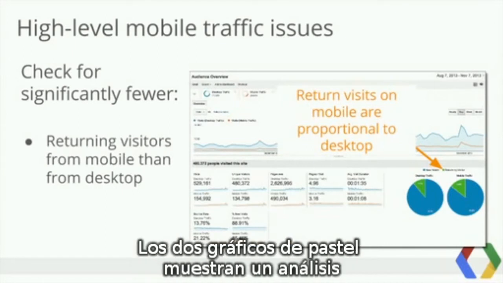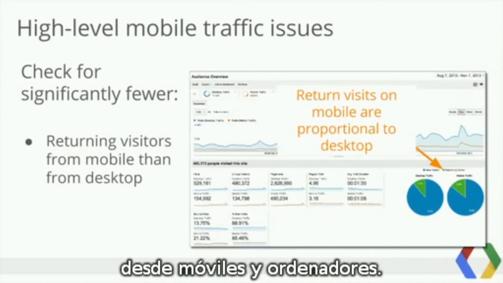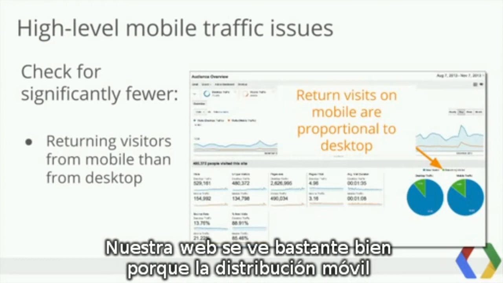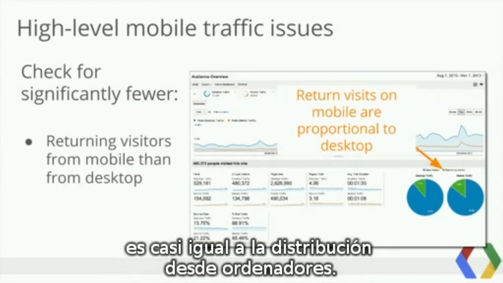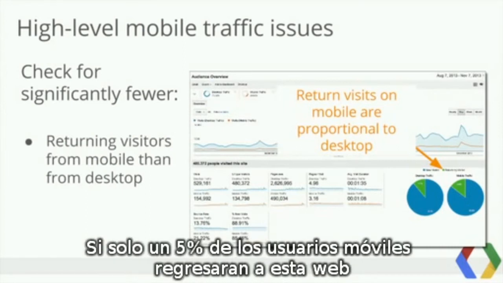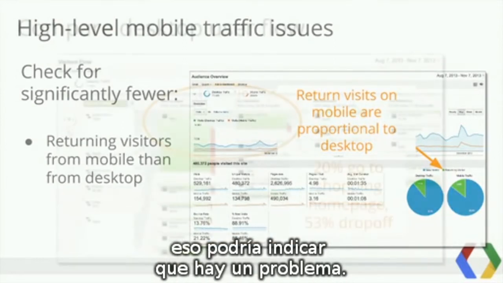The two pie charts show the breakdown of new visitors versus returning visitors for mobile and desktop. Our site looks relatively okay because the mobile distribution of new versus returning is about the same as the desktop distribution. If we had, say, only 5% of our mobile visitors returning to the site, while desktop had double that percentage, that could have signaled a problem.